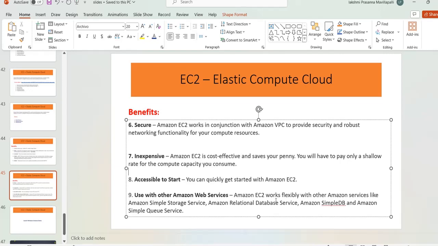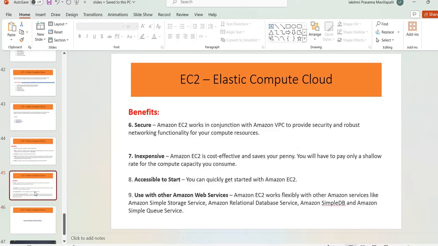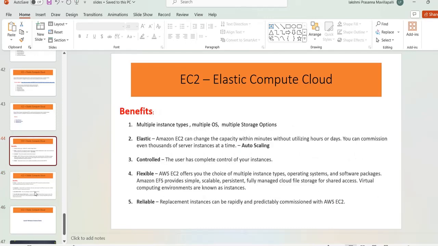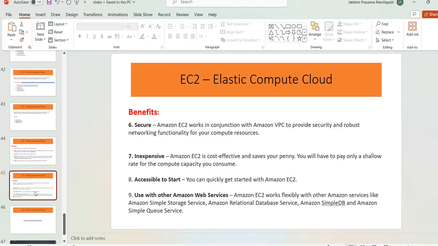It is not only to launch virtual machines and deploy your application. Apart from that, there is a lot to do with EC2. EC2 is capable of working with any other Amazon services, storage services or database services like that. So that is also one of the benefits. I hope you are fine with these benefits.